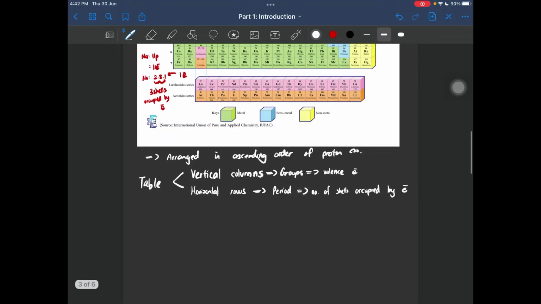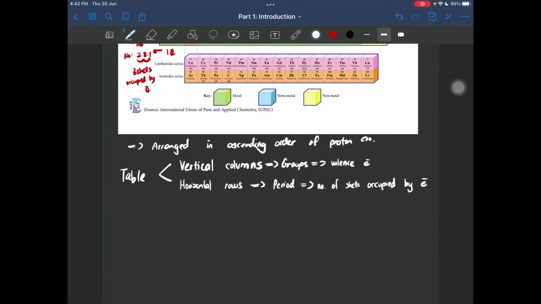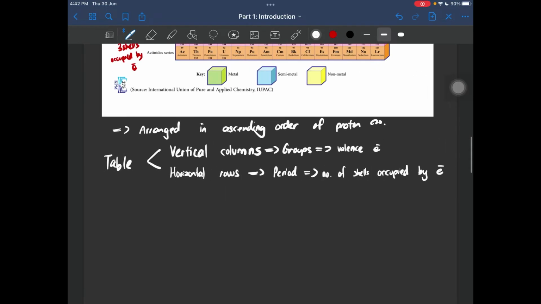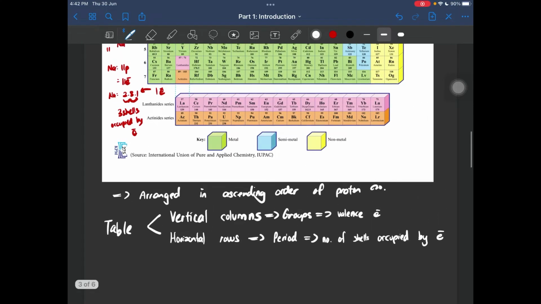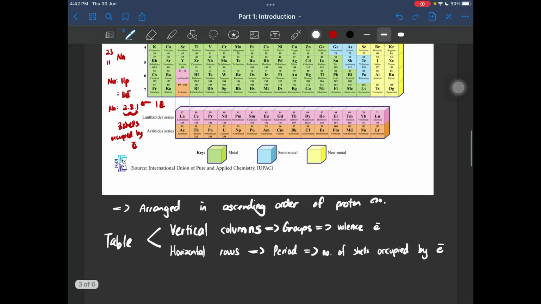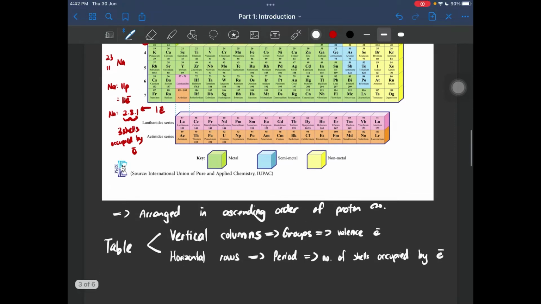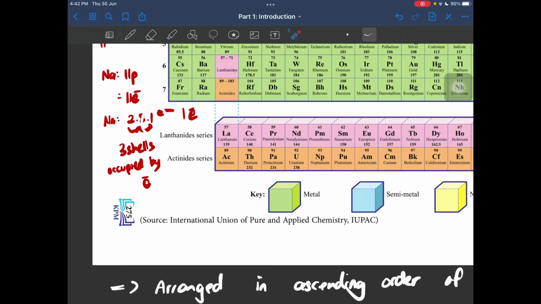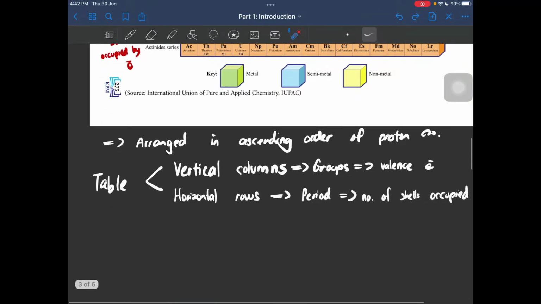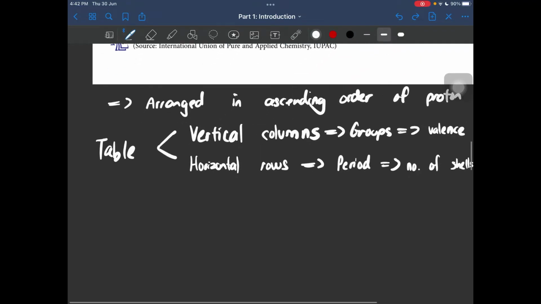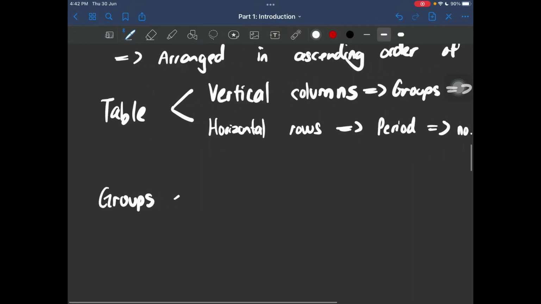However, the group is not always the same as the number of valence electrons. Of course, for sodium, it is true that it has one valence electron, and coincidentally, the group is also group 1. However, that is not always the case. There are actually two cases of how you would determine the group of the element.